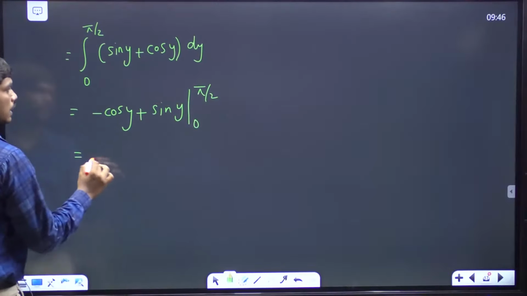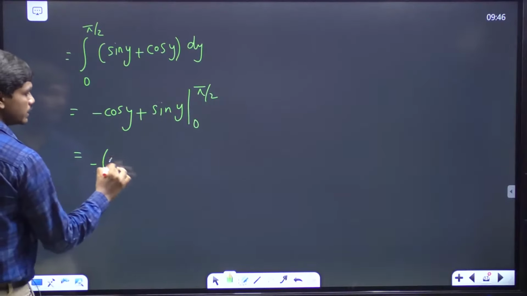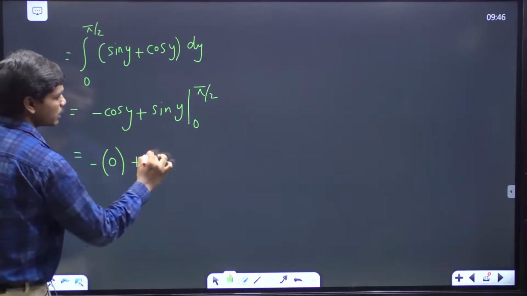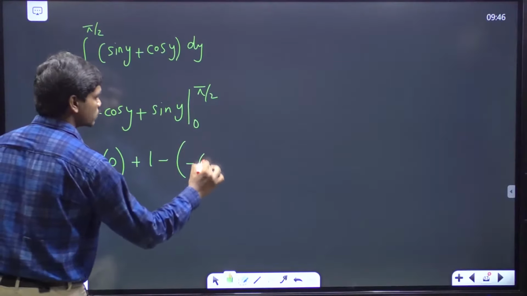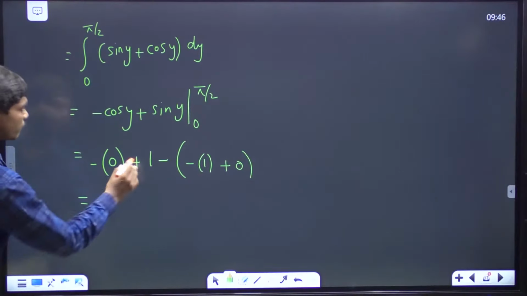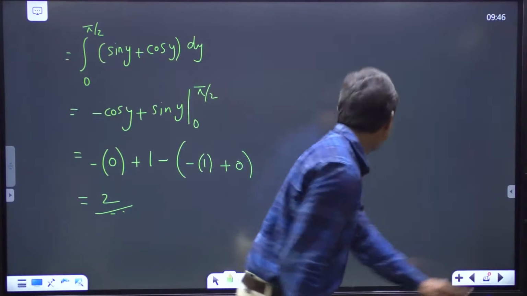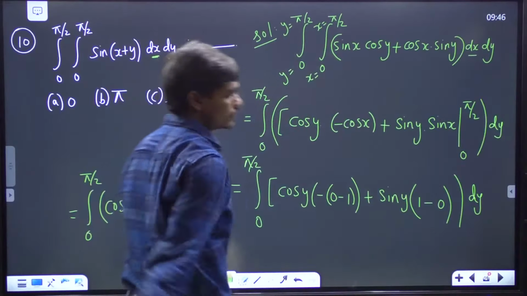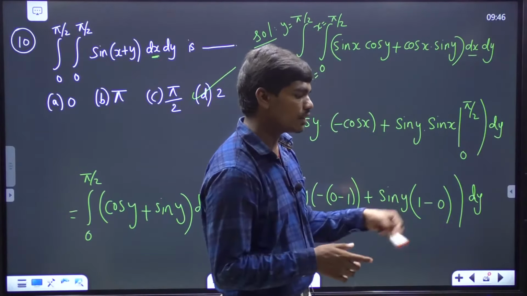Substituting: minus of cos pi by 2 is 0, plus sin pi by 2 is 1, minus of minus cos 0 is 1, plus sin 0 is 0. So 1 plus 1, the answer is 2. So option D is the correct answer, which many of you are telling. I'm happy for you, Sarath, Hiranmai, Pavani, Maunika and all.